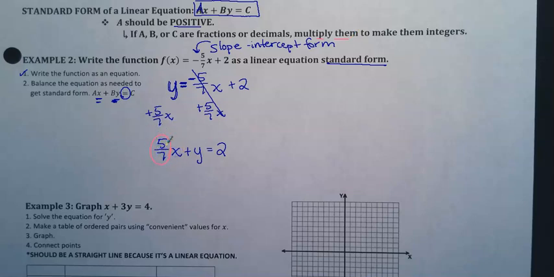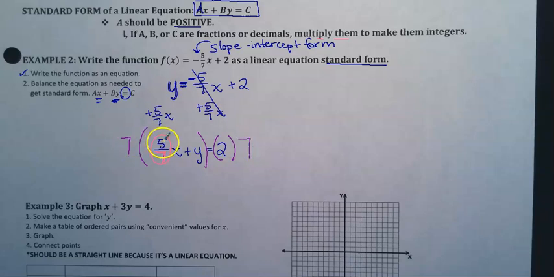What can I multiply by to make this a whole number, like negative 1, negative 5, 7, 5, 3, just not a fraction? If I multiply the whole equation by 7, because there's a 7 in the denominator, it will cancel. So I'm going to multiply this side by 7, and this side by 7.